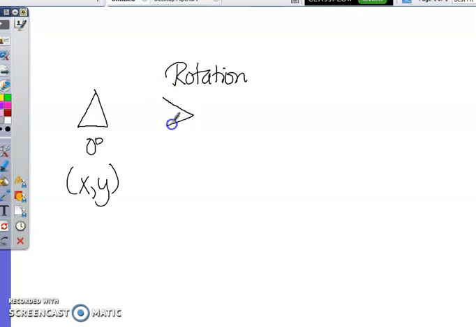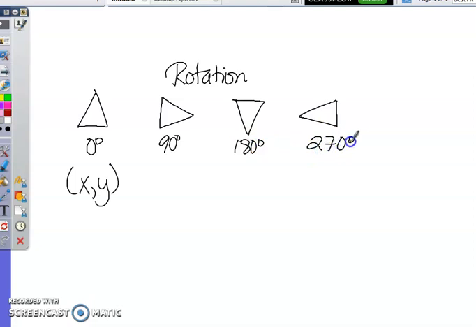So hopefully you did this. It turns 90, turns another 90, turns another 90. Then it starts 0 plus 90 is 90. 90 plus 90 is 180. 180 plus 90 is 270. Okay. Remember the way I taught you is I always put 180 in first.